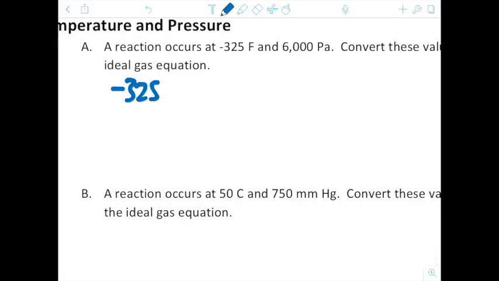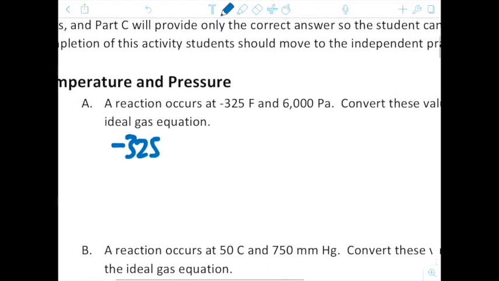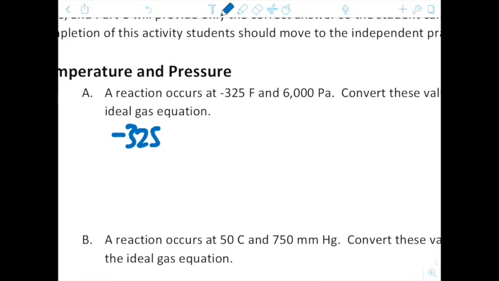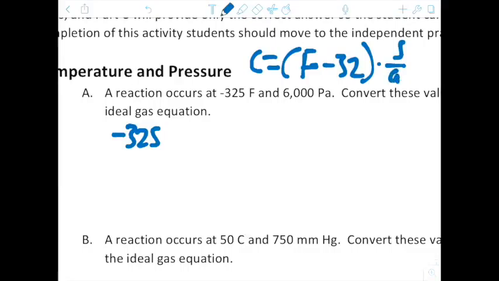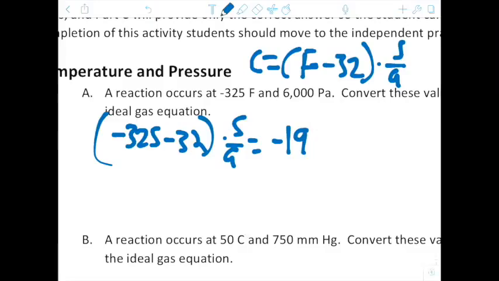First we use the equation where C equals Fahrenheit minus 32 times 5 ninths. We plug that in, negative 325 minus 32 times 5 ninths, and we get negative 198.33.